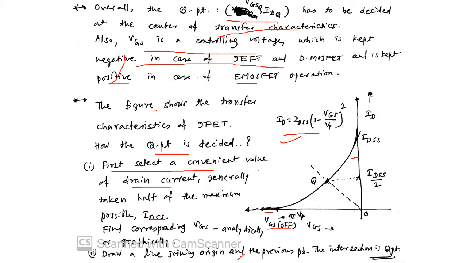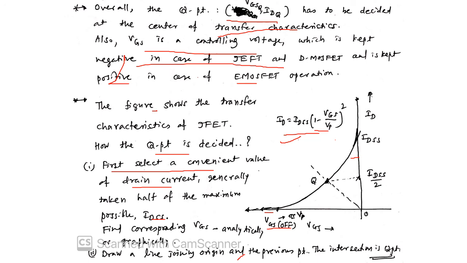Usually, IDSS and VGS are not defined in isolation. Sometimes you first decide VGS and correspondingly define ID. But let's say you want to set this to be almost around half.